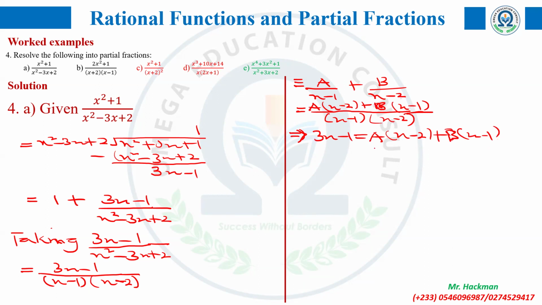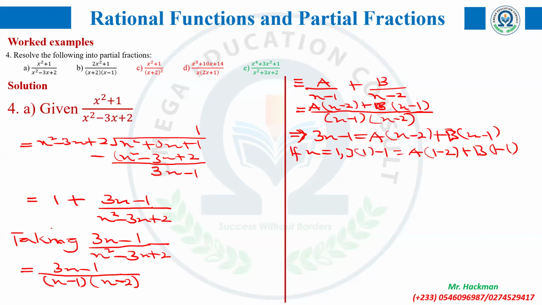All right, so at this point, we have 2 linear factors. We thank God. So cover up would be best. So if x is equal to, which one? I will go for 1, because that's a smaller value. I always want to do the easy one first. So if x is equal to 1, I am going to get 3 into 1 minus 1 is equal to A into 1 minus 2 plus B into 1 minus 1.